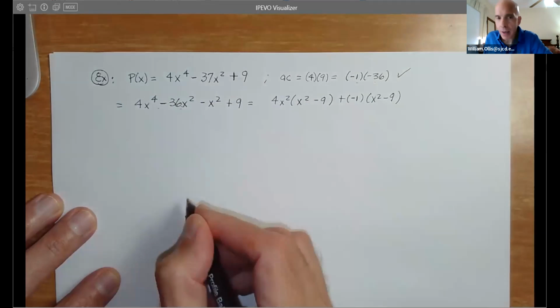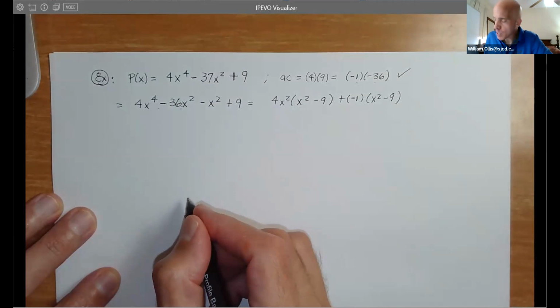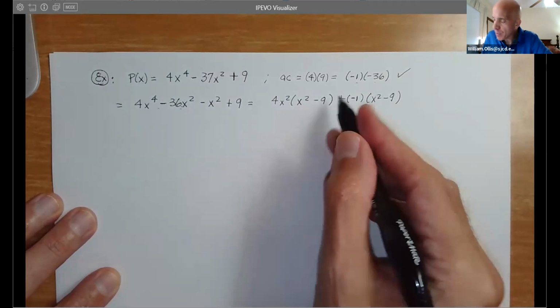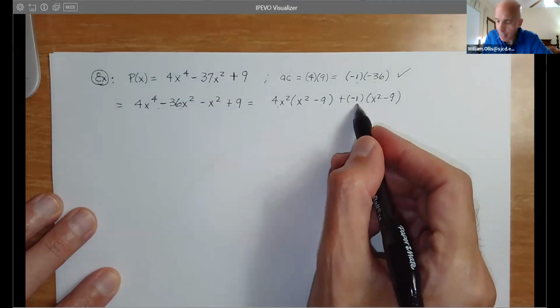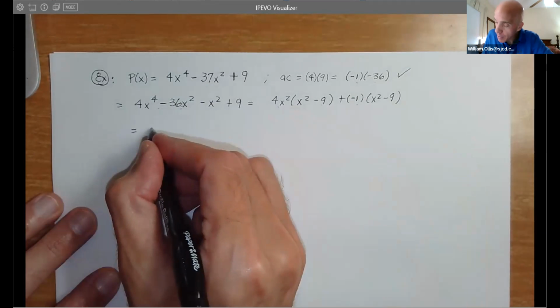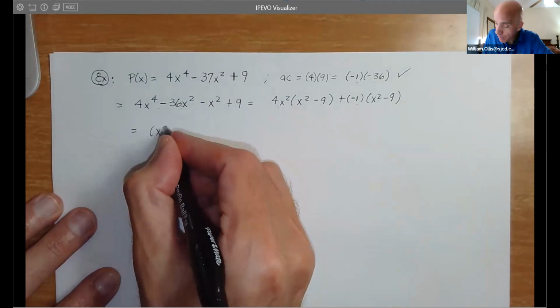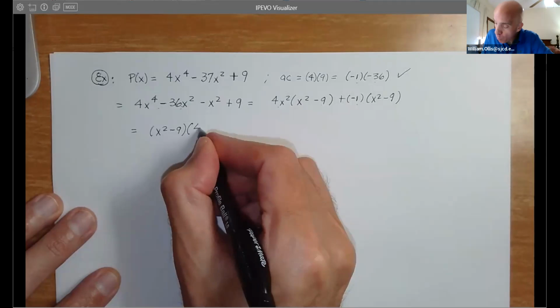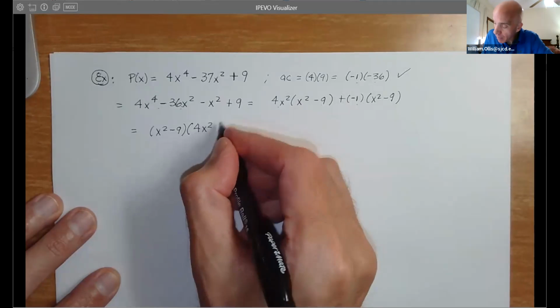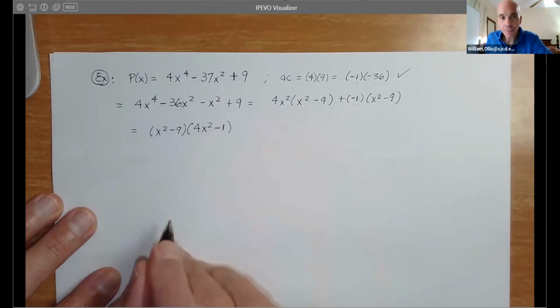So again, quadratic form is our friend, and we see now that the x squared minus 9 multiplies the 4x squared and the negative 1. So this will give us, at least for now, x squared minus 9 times 4x squared minus 1.